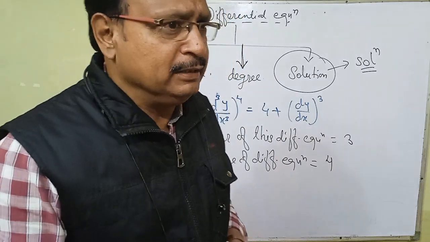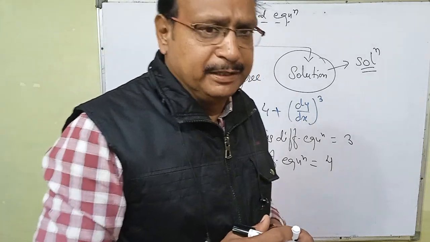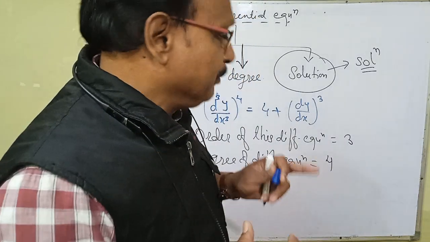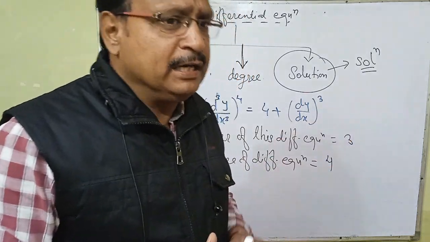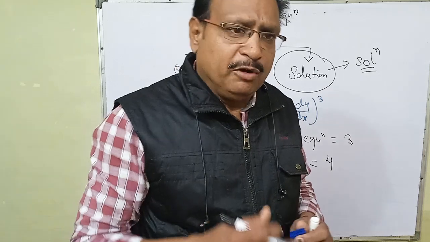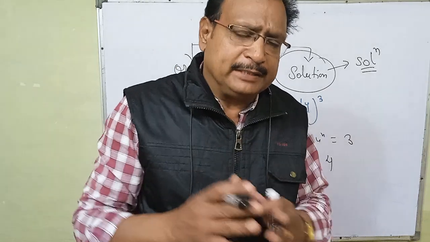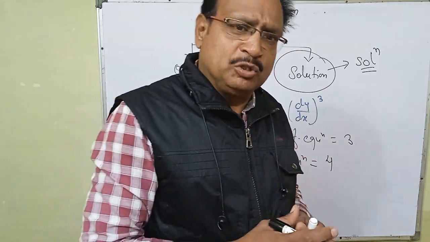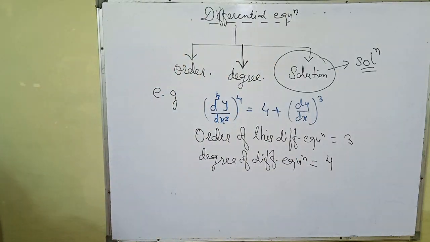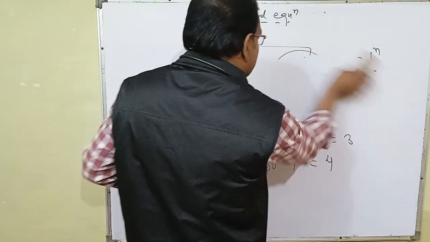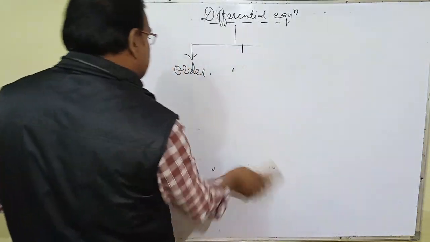First of all, separation of variables. Second part is homogeneous equations and third is linear equations. We come to all the types of equations and their solutions step by step. Now we take an example.